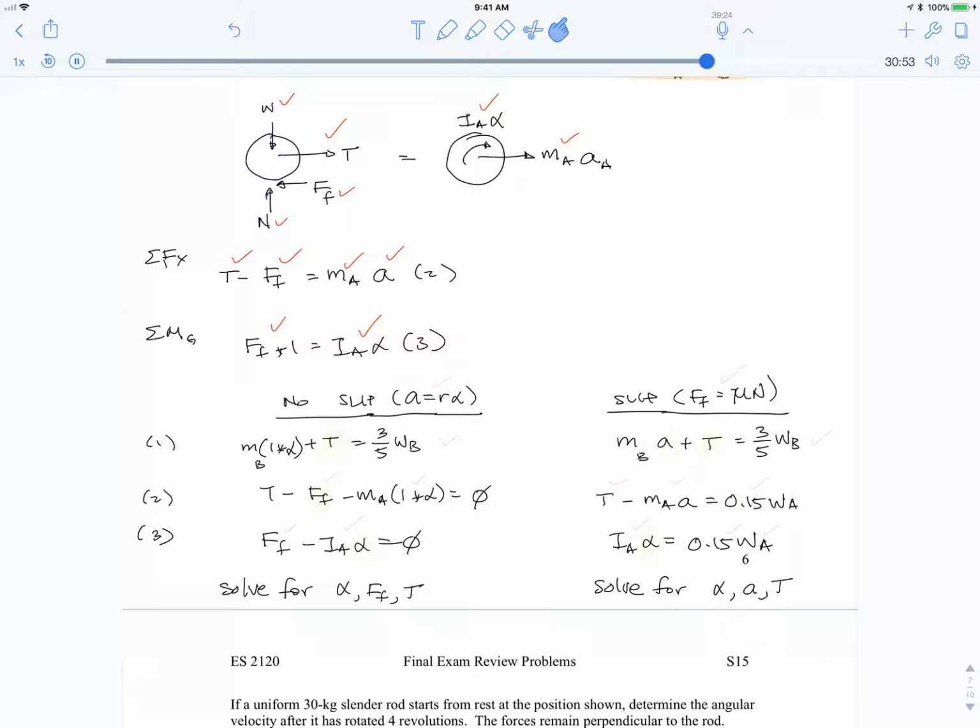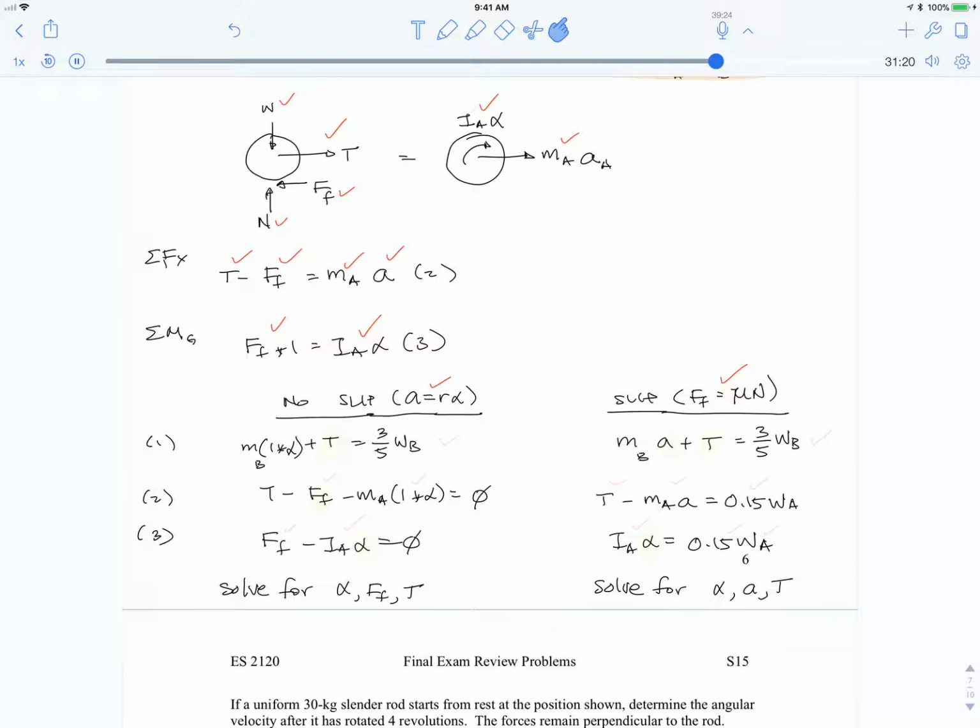We've gone through this several times. If it's not slipping, we don't know the friction force, but we know that A is R times alpha. If it is slipping, we know the friction force is mu times N, but we don't know the relationship between A and alpha. So what I've done here is put the equations side by side, one with slipping and one with not.